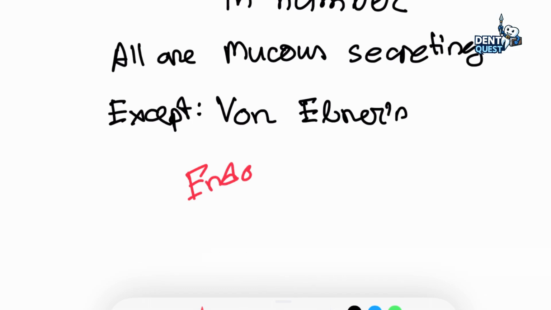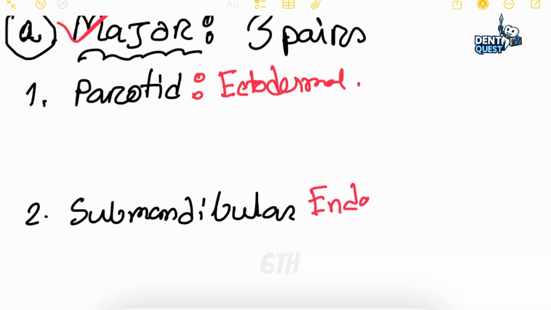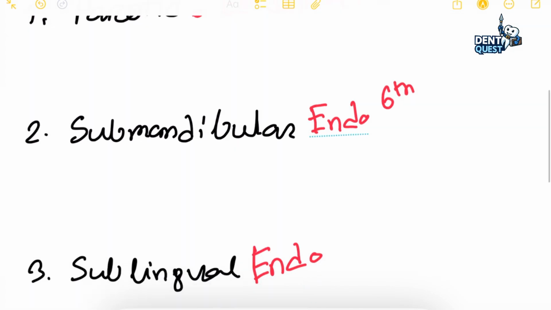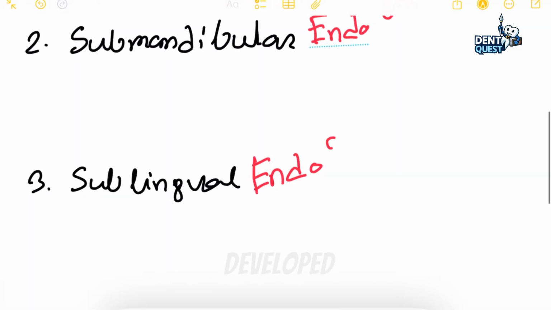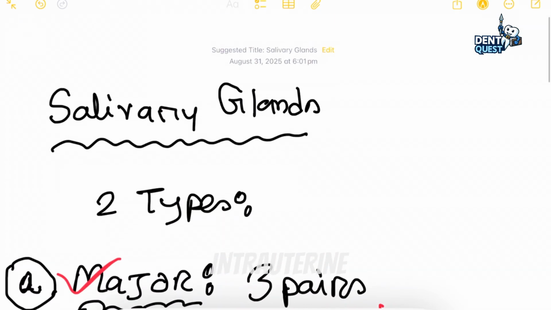The parotid gland develops in the 6th week of intrauterine life, and so does the submandibular, but the parotid develops faster, and the sublingual develops in the 8th week of intrauterine life.